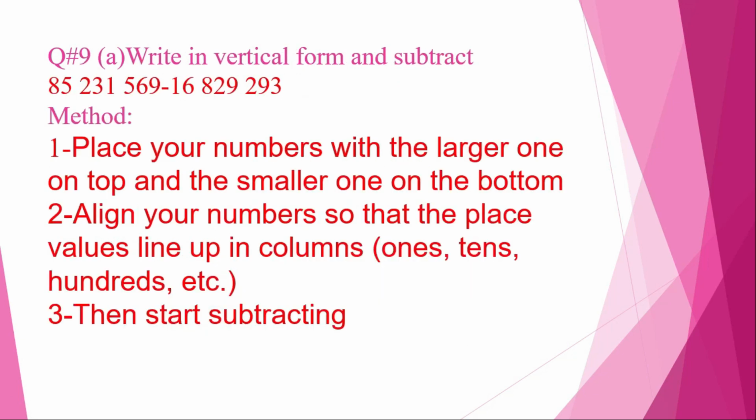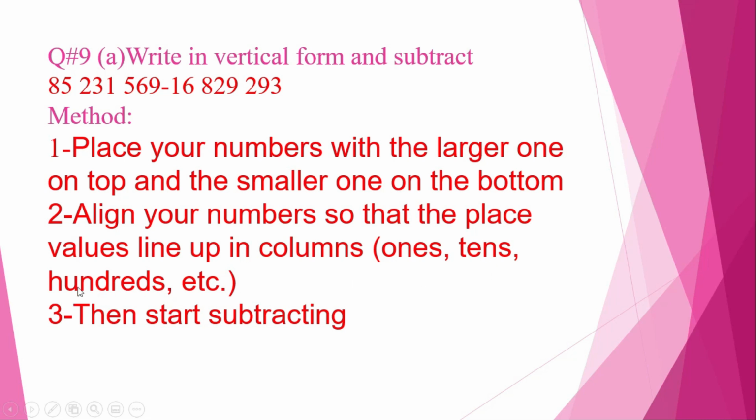Now comes question number 9, part A. Write in the vertical form and subtract these two numbers. When we write in the vertical form, we should keep in mind some points: place your numbers with the larger one on the top and the smaller one on the bottom. After that, align your numbers so that the place values line up in the columns.